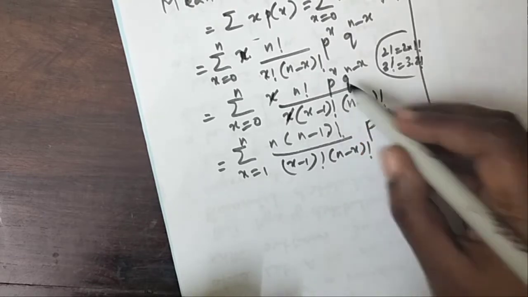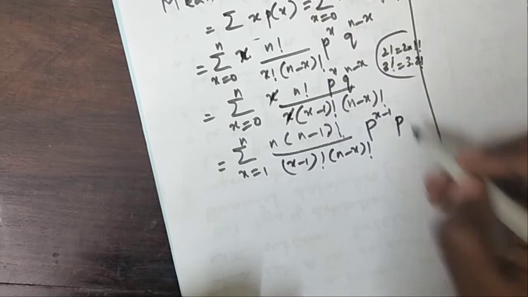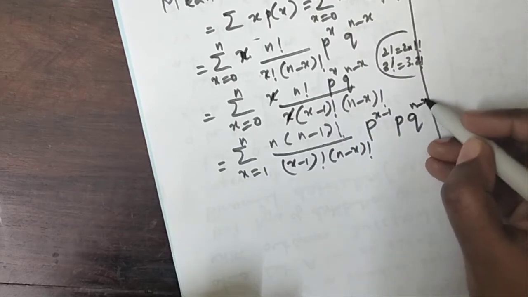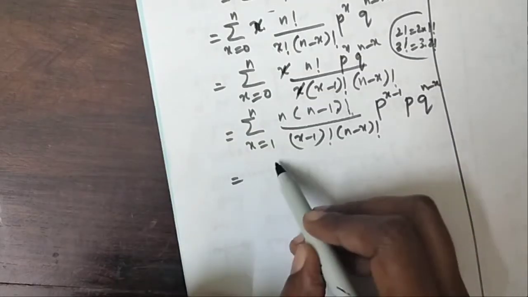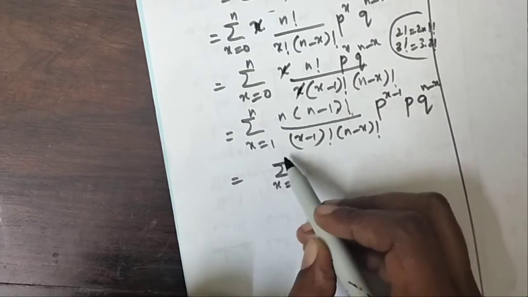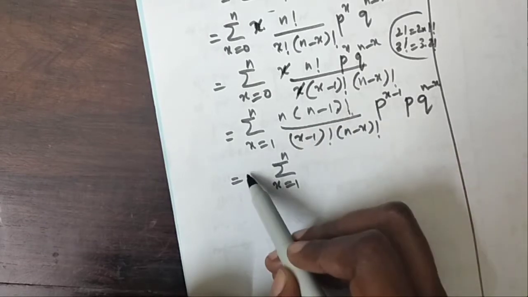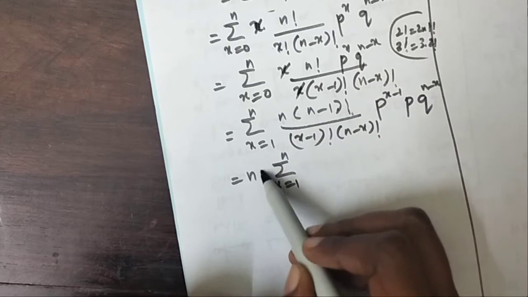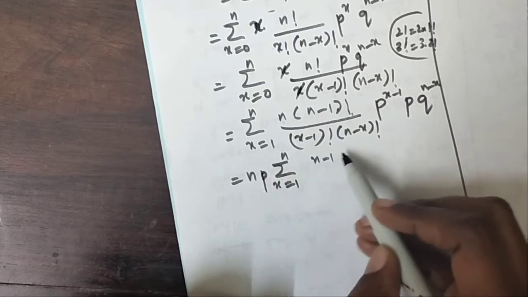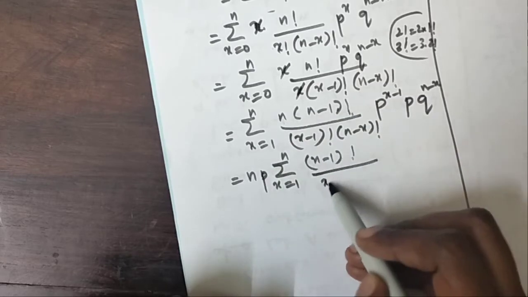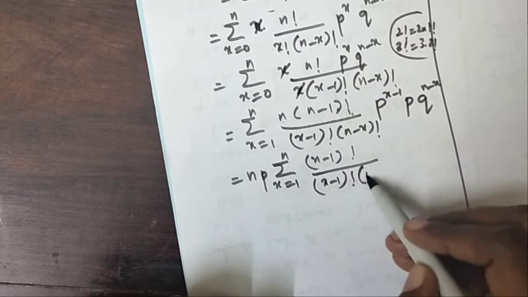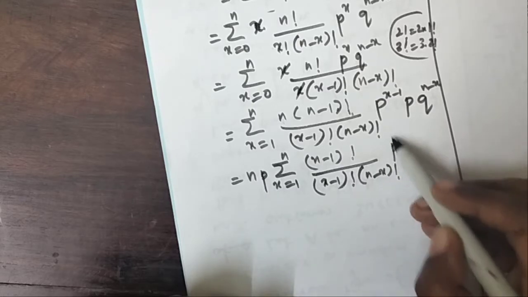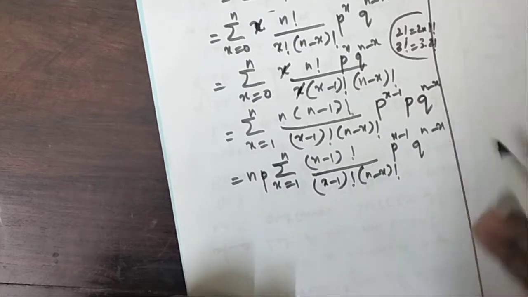So p raised to x can be written as p raised to x minus 1 into p, q raised to n minus x. Okay, so sigma x varies from 1 to n. Now we can take this n outside and p outside. Now it is n minus 1 factorial by x minus 1 factorial into n minus x factorial, p raised to x minus 1 q raised to n minus x.